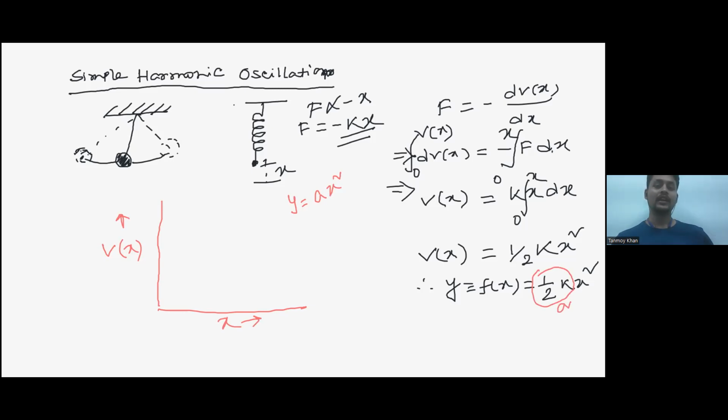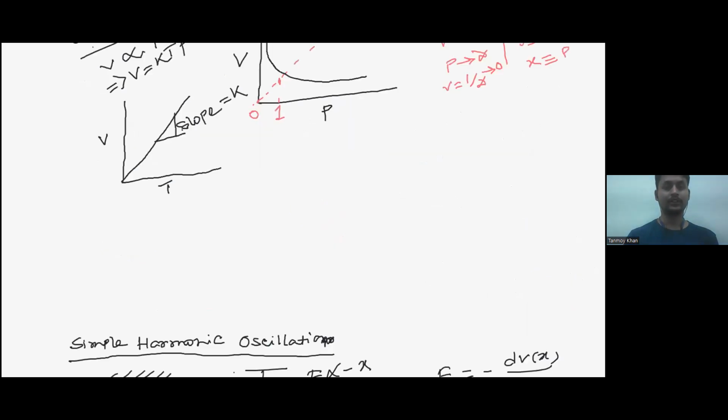This is a x squared. So we know y is equal to x squared part. How will it look? In the previous class, we have already talked about it. Let me go back to that. You understand.